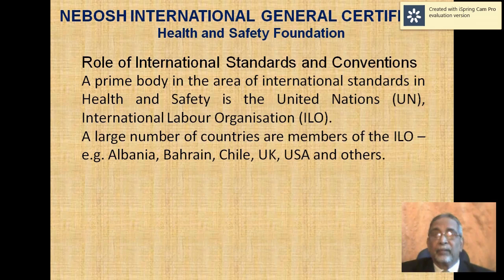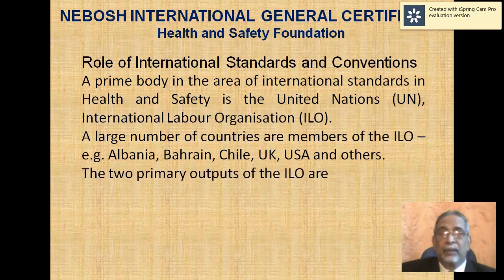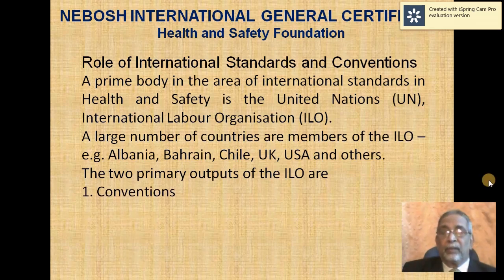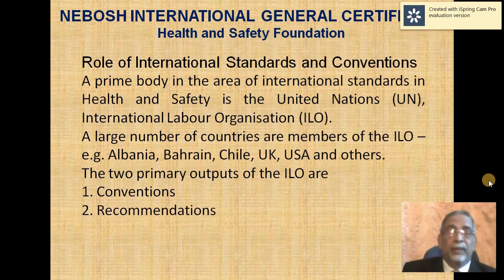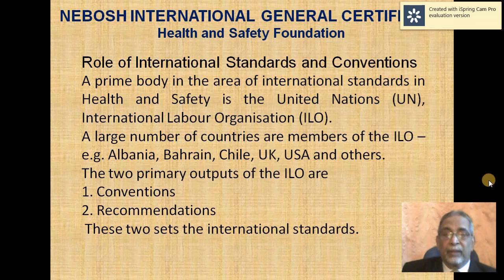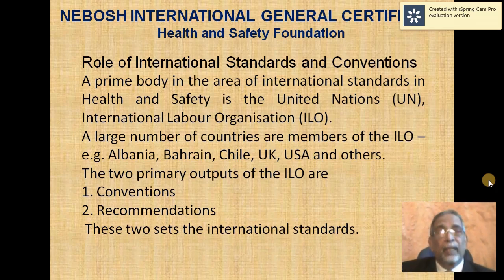A large number of countries are members of the ILO, that is Albania, Bahrain, Chile, UK, USA and other countries. The two primary outputs of the ILO are 1. Conventions, 2. Recommendations. These two set the international standards.